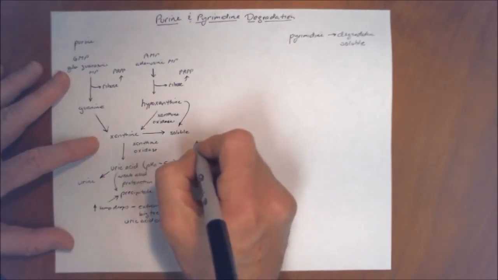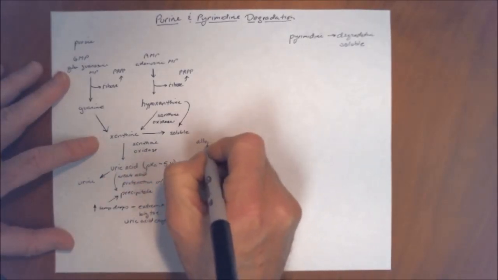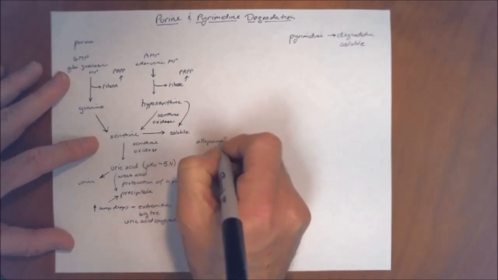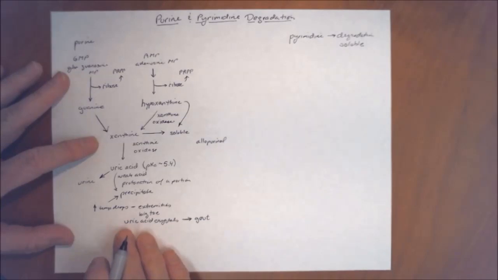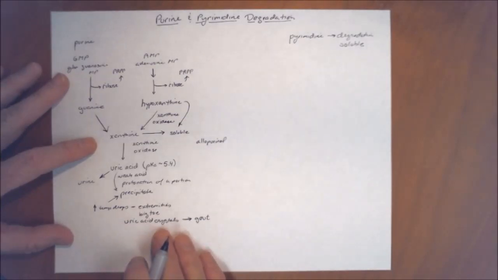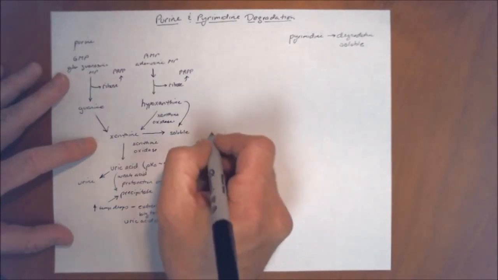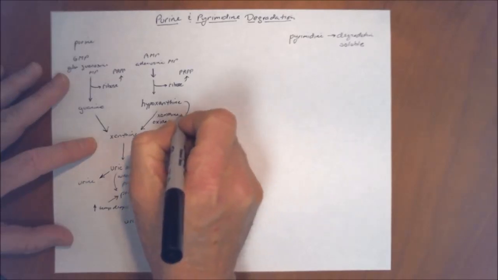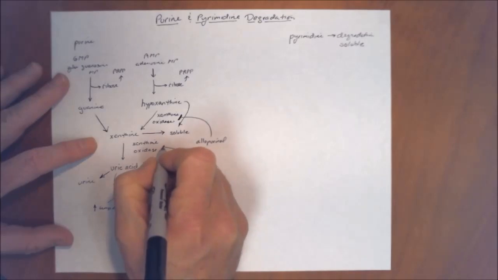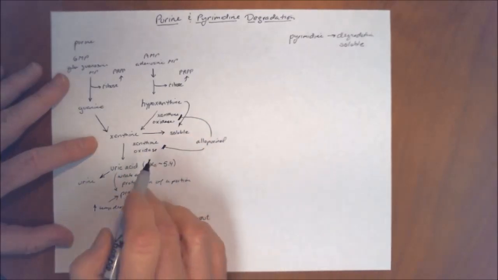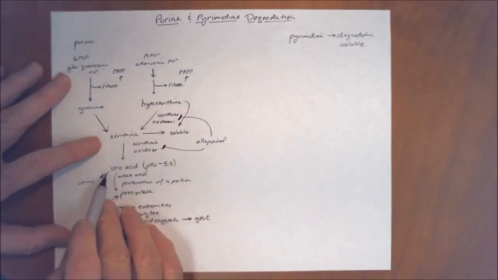So by putting the drug allopurinol into a patient that is suffering from uric acid crystal formation, suffering from gout, we are essentially blocking this enzyme xanthine oxidase and preventing the transformation of hypoxanthine and xanthine into uric acid.